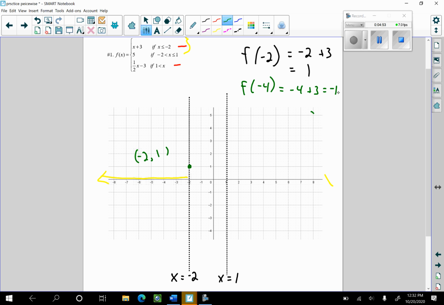And so that gives me the point -4, -1. And now I'm going to graph that line over here. That line is this line right here, y is equal to x plus 3. But I only graph the line when x is less than negative 2.